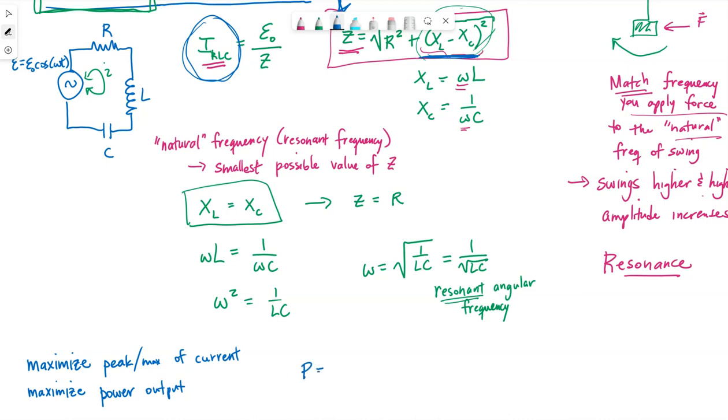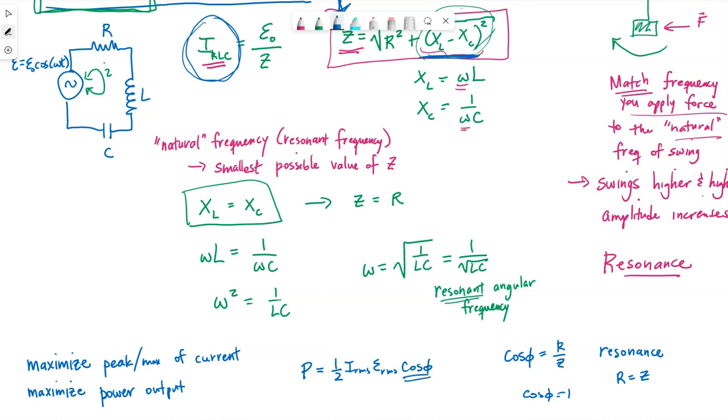Power we can write as 1/2 IRMS times the source voltage RMS times the cosine of phi. That power factor, cosine of phi, is equal to R over Z. In this specific example of resonance, where R and Z are the same value, cosine of phi is 1.